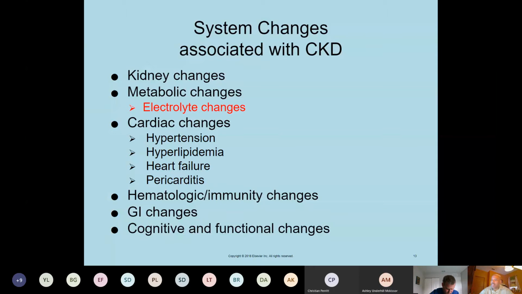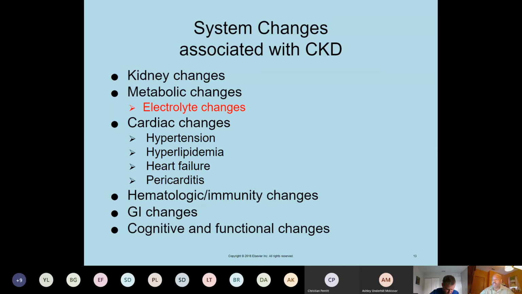Now, as far as hematologic or immunity changes, you will find that anemia is very common in the latter stages of CKD, which actually worsens CKD signs and symptoms.